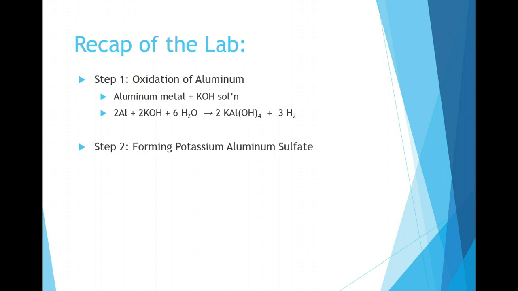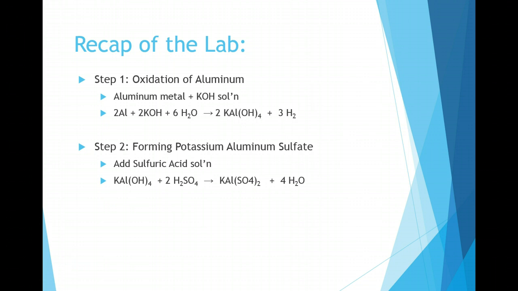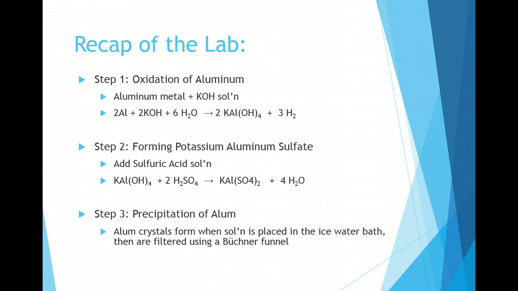In step 2, we are forming potassium aluminum sulfate, and to accomplish this, we added sulfuric acid solution. Sulfuric acid solution will neutralize the OHs in the KAl(OH)4 and also provide a source of sulfate ions in the product. In step 3, the precipitation of aluminum, we took the dissolved alum solution and placed it into an ice water bath.